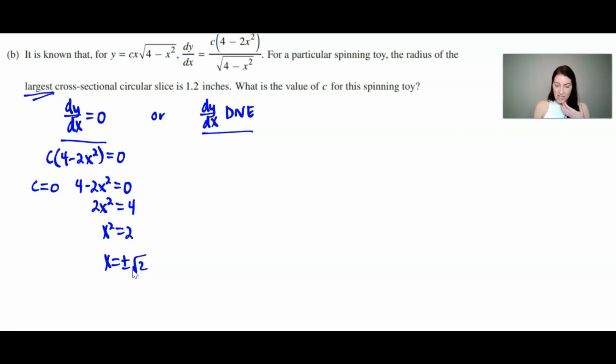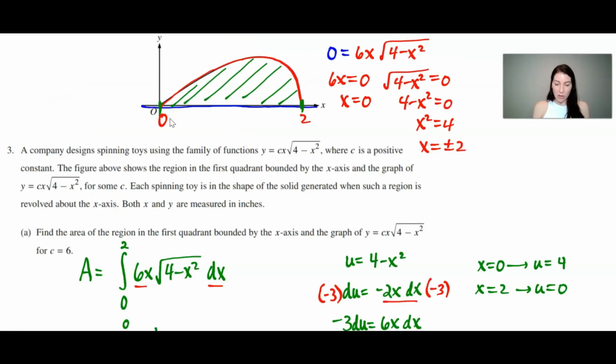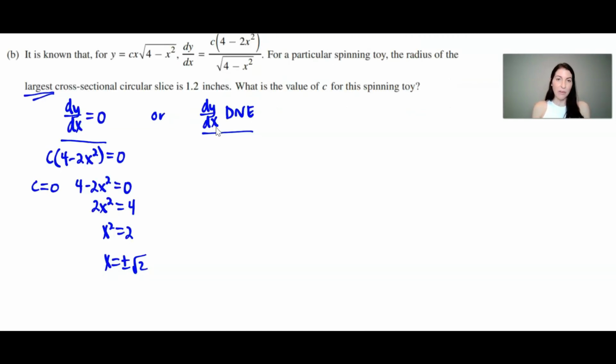So I'm going to check if positive root 2 is a possible answer, because if you go back and look at the graph, you can see that I'm looking at positive x values because I'm looking in the first quadrant. Now for where the derivative does not exist, that's going to be where the denominator equals 0. So squaring both sides, and then I would have, let's see, positive and negative 2 for that.